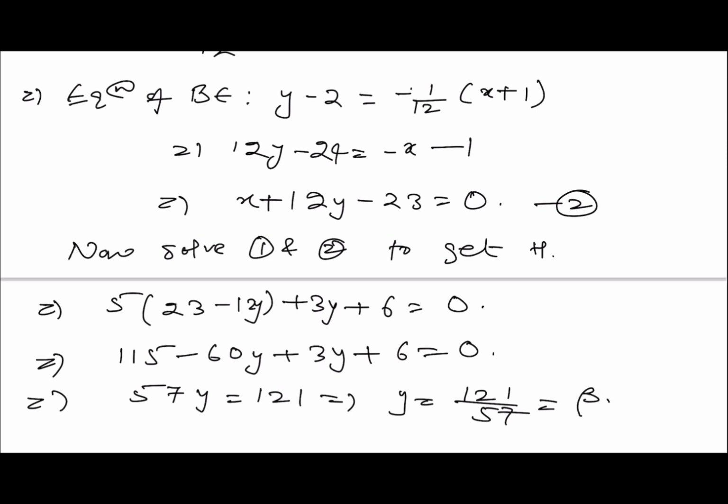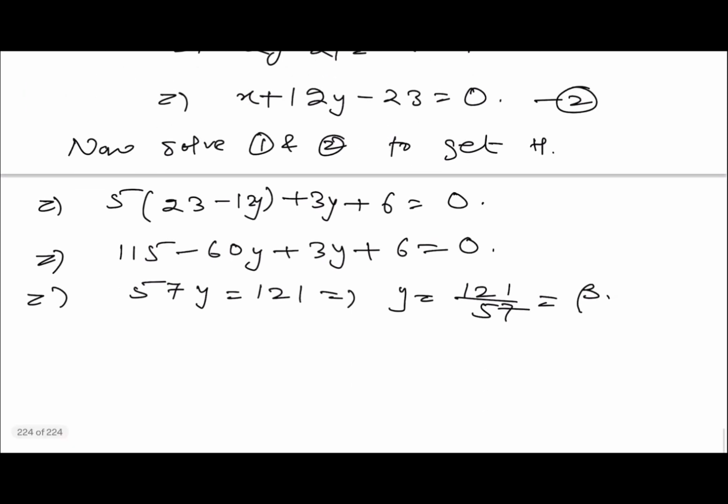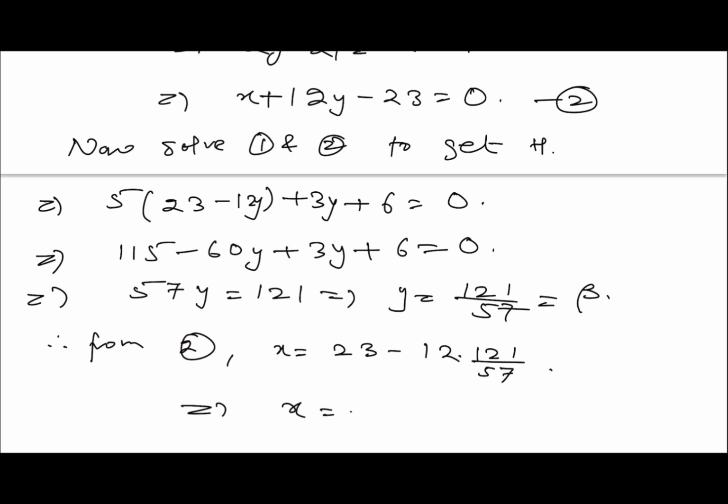So this is beta. And from 2, x is equal to 23 minus 12 into 121 upon 57. So after solving you will get x is equal to minus 47 upon 19.